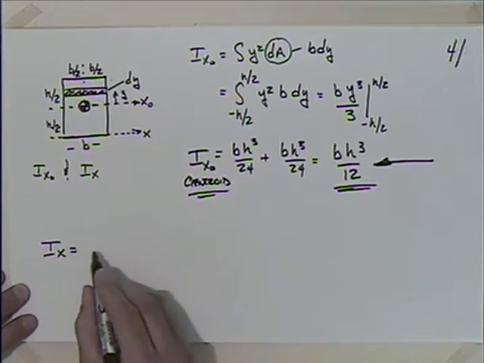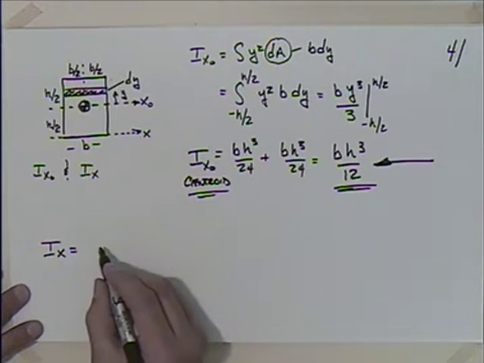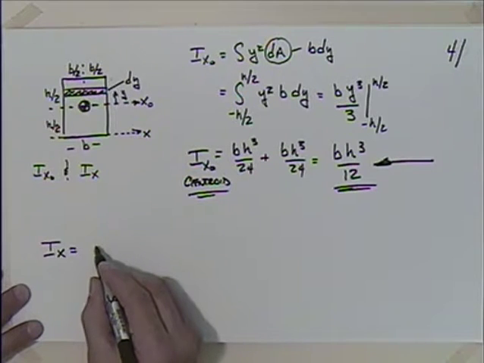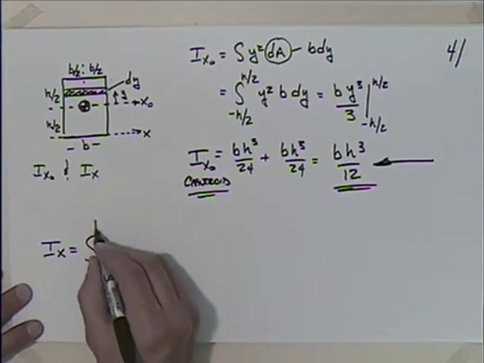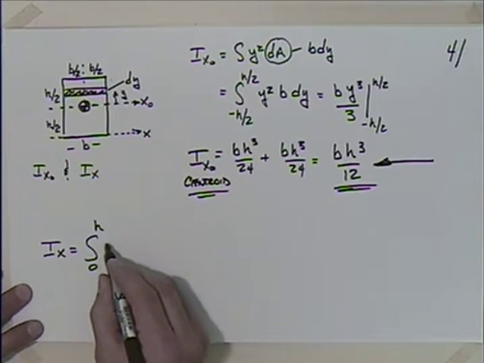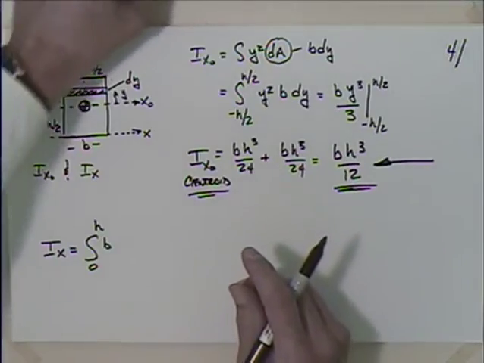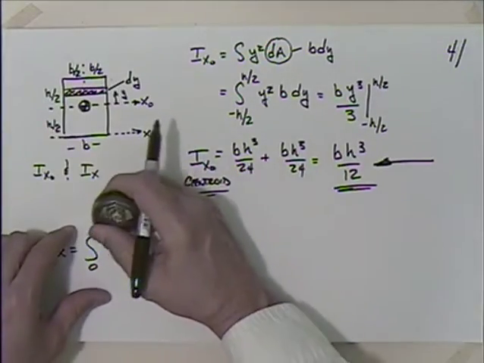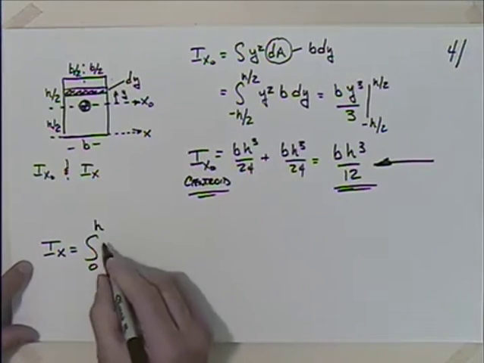We could say that I about x is equal to exactly the same thing here, except we're going to say what? Well, we're going to go the integral from 0 to h of... I'm going to do exactly the same thing that I did up here.